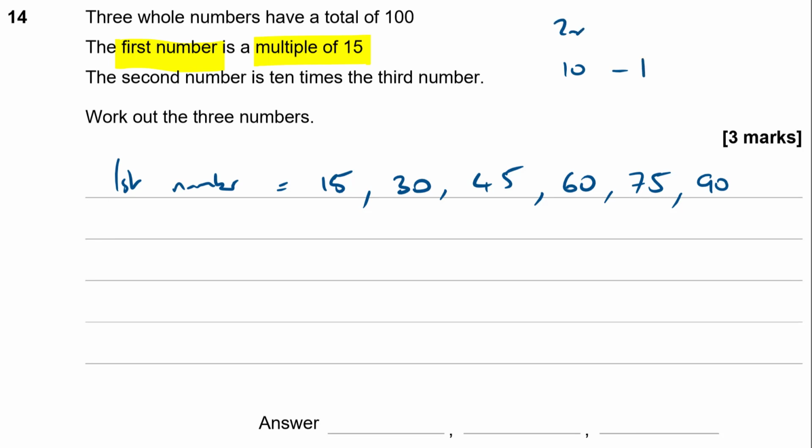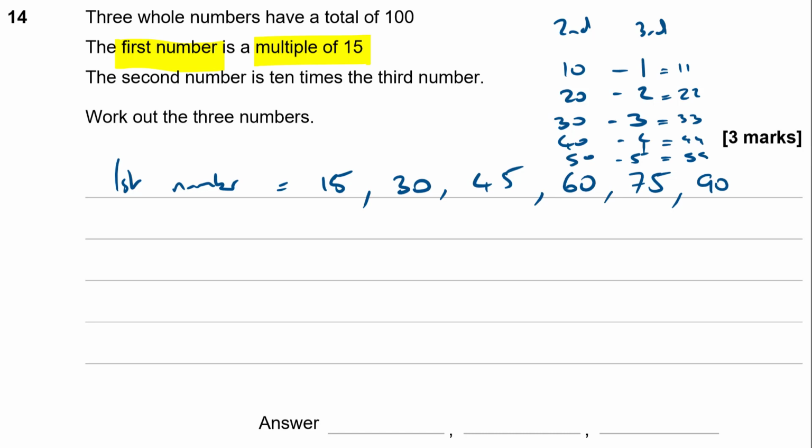So if that's my second number and that's my third number, it could be 10 or 1, or it could be 20 and 2, it could be 30 and 3, or it could be 40 and 4, it could be 50 and 5. So it's the working out which pair of those goes with my other numbers. Well, 10 and 1 makes 11, 2 and 20 makes 22, 3 and 30 makes 33, 4 and 40 makes 44, and 50 and 5 make 55.